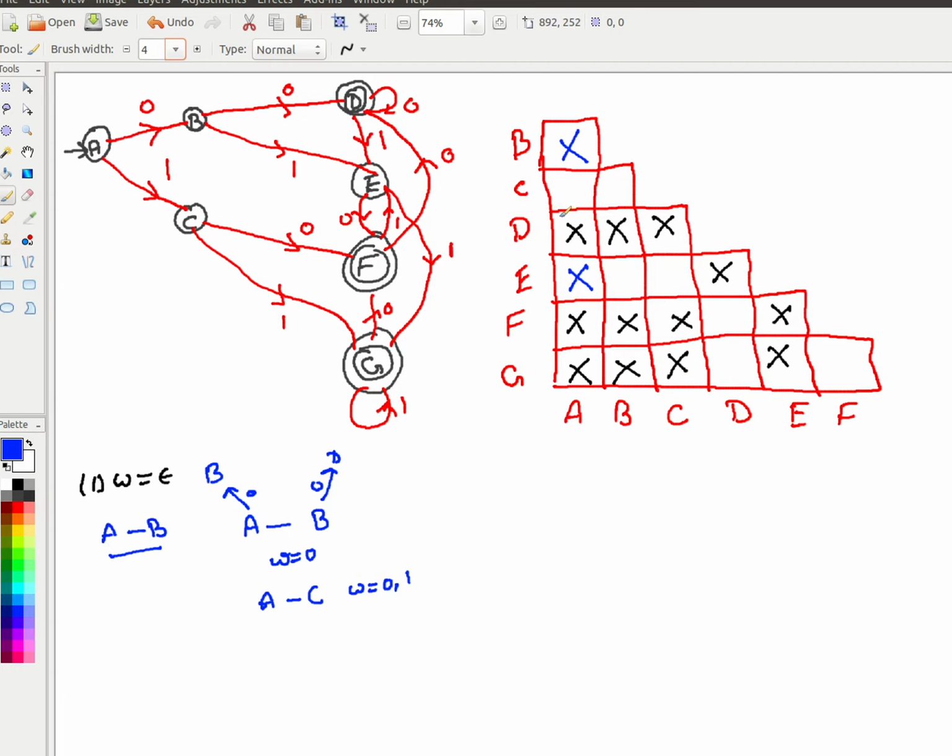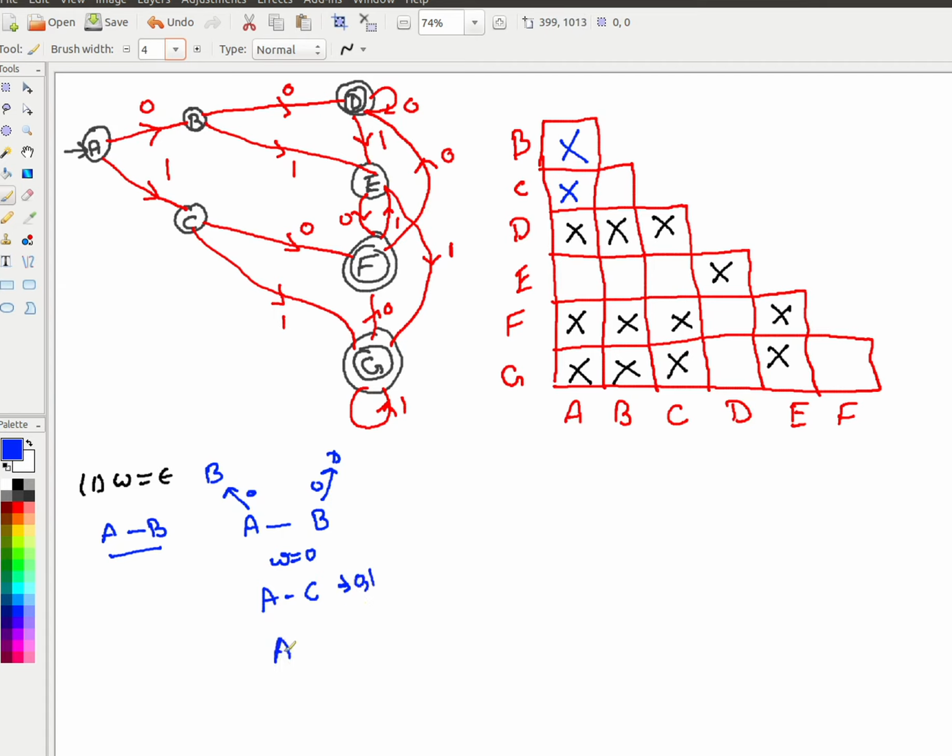I talked about A and C, right? Now what about A and E? A at 1 goes to C, E at 1 goes to G again. So A and C are distinguished by 0 or 1.